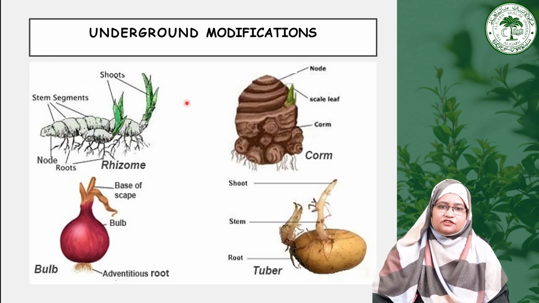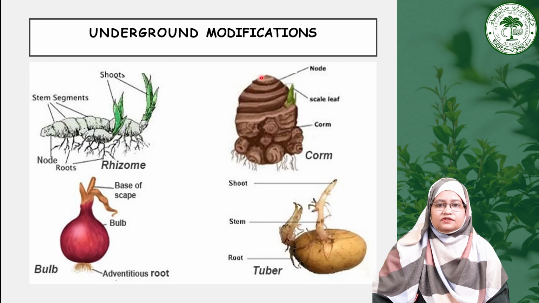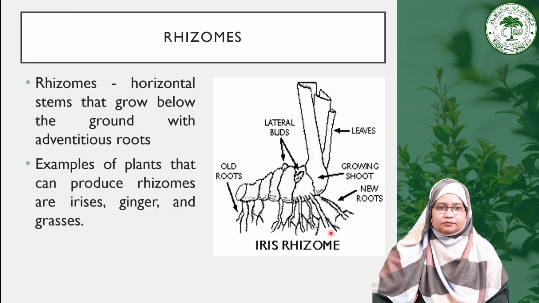Just opposite to this is the corm, which is also an underground stem that stores food material but grows vertically. As you can see, these are the scale leaves. The bulb is also an underground stem, a very reduced stem, and the tuber is also an underground stem that stores food material.